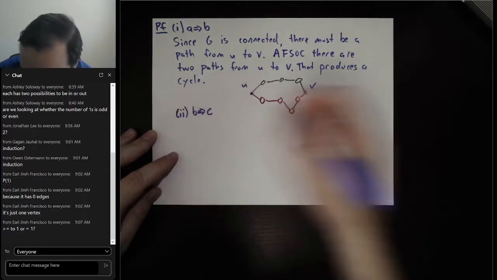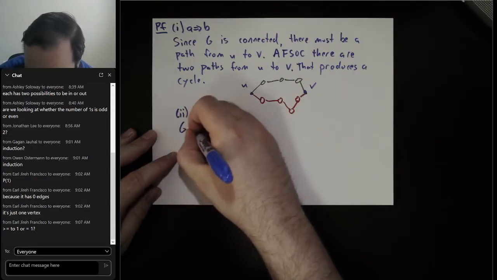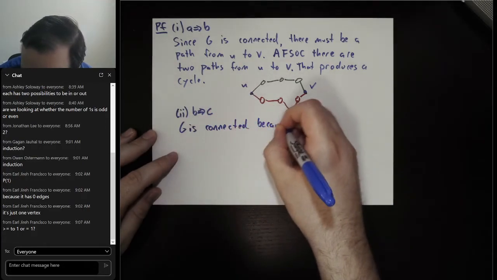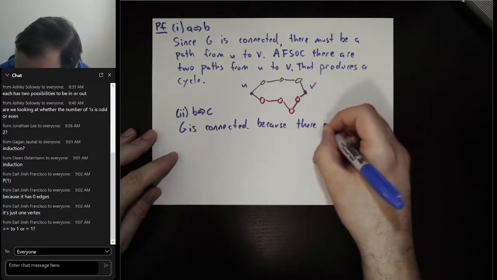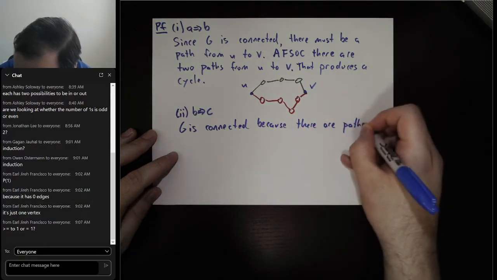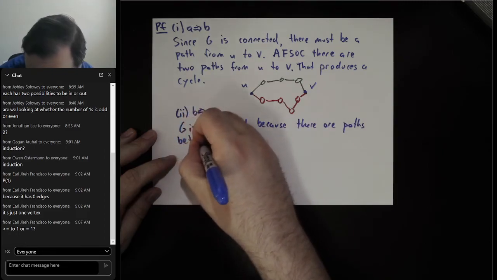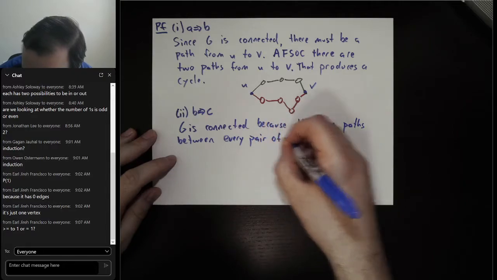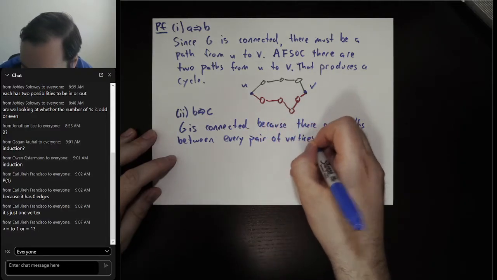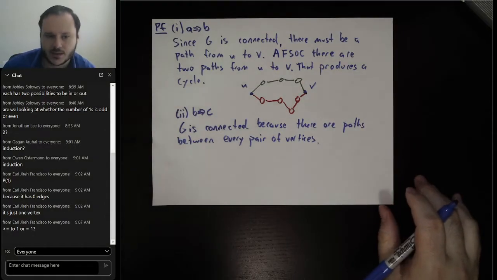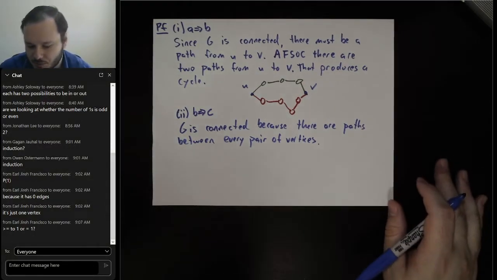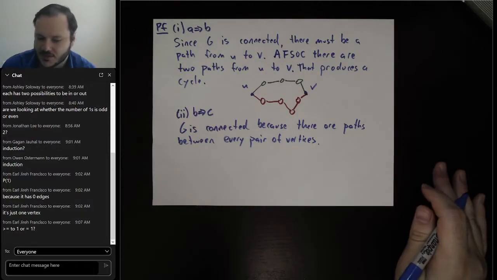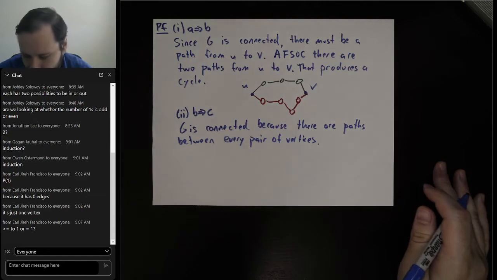So because these paths exist, I'm connected. So I get connected relatively for free. And now I need to show my number of vertices is equal to my number of edges plus 1, given that these paths are unique.